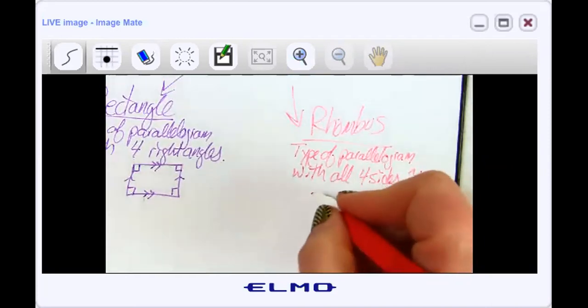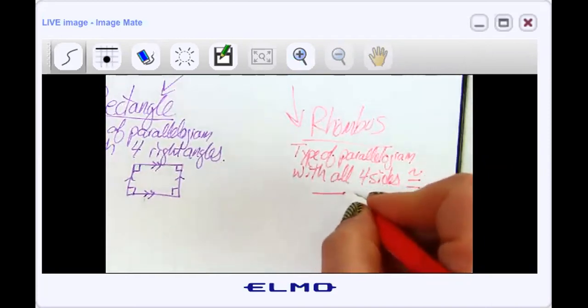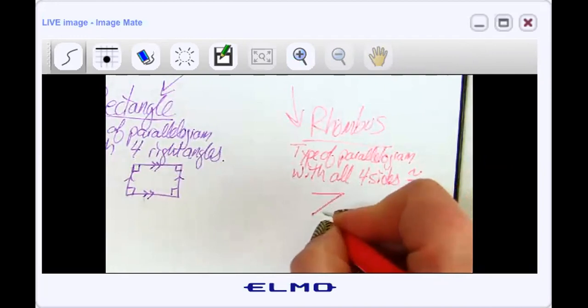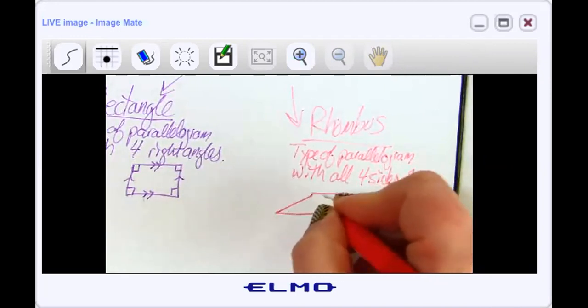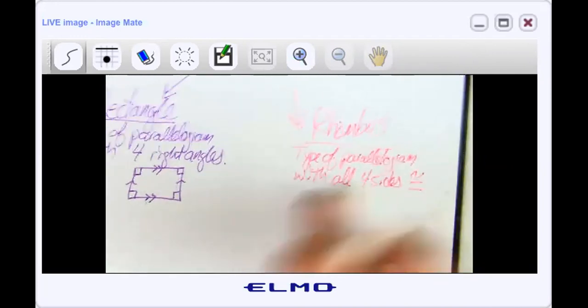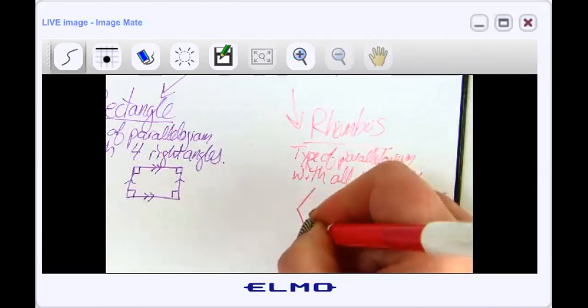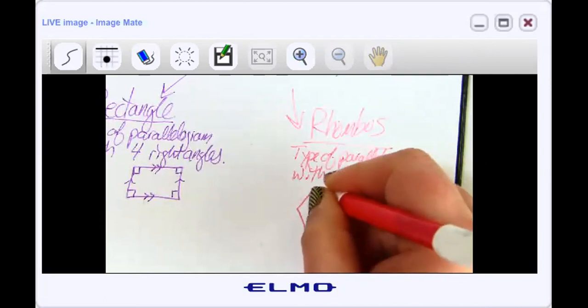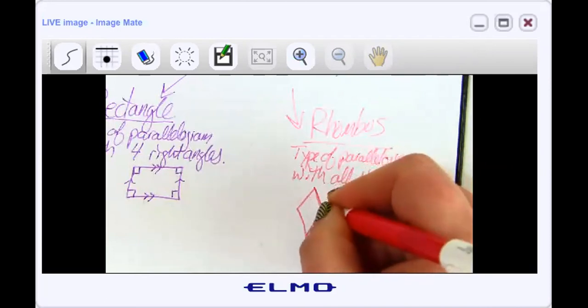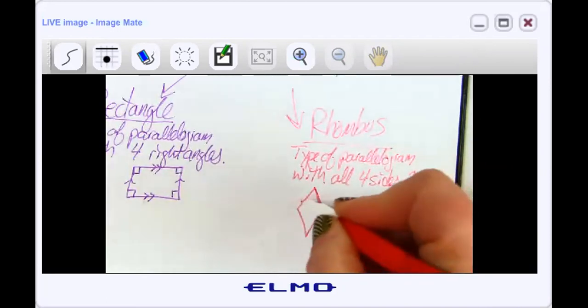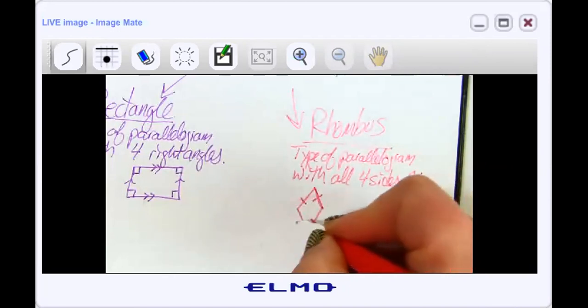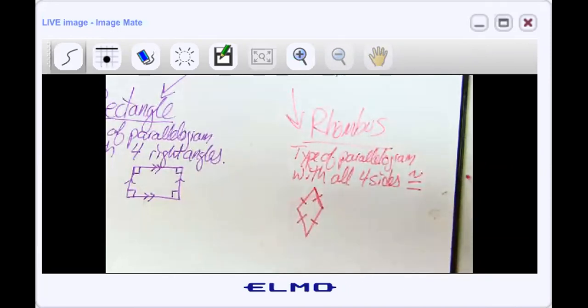Okay, so they could look a couple of different ways. Oh, that's terrible. Hold on, I can do better. It's easier to draw them up and down, I think. Okay, and all four of these sides have to be congruent to each other.